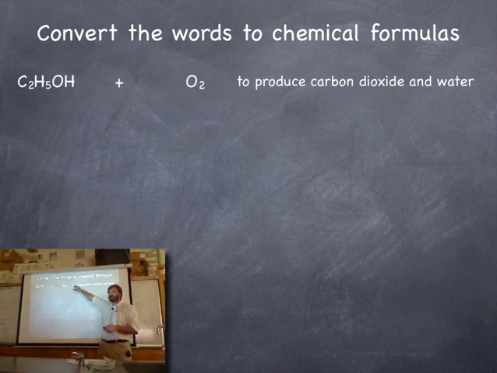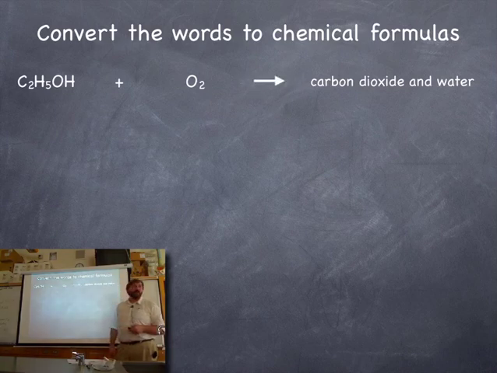To produce, to form, to make. Okay? Now in math we would think equals, but we're not in math class. So to produce in our case is going to be indicated by an arrow. We use an arrow to indicate to produce, to form, to make, to synthesize. Those are all words that mean the same thing. This stuff reacts to make this other stuff.